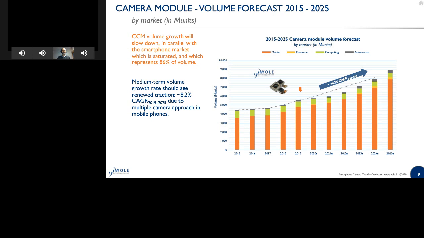We still think there will be slowing growth in the next few years, but again, this is still 8% growth, which is really nice. The orange is the mobile, and you can see in terms of volume, the rest is less than 10%, but it will increase a little bit.